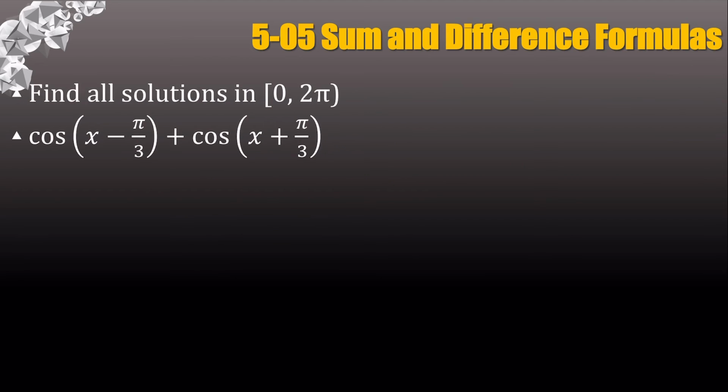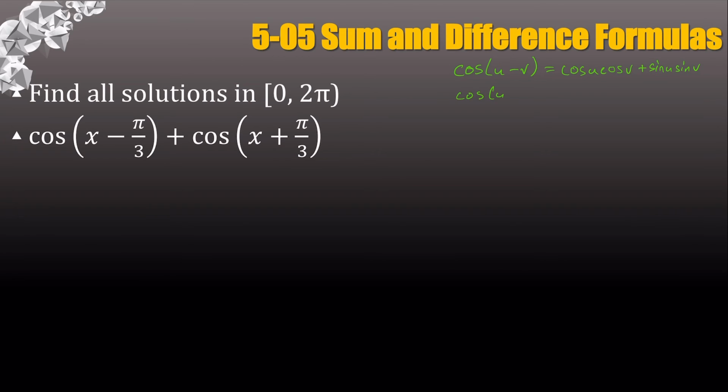Let's try another type of problem. Oh, look, solving equations. I told you yesterday that you would have this, review the solving equations all along. All right, so just to remind ourselves, cosine of u minus v is cosine u cosine v plus sine u sine v.